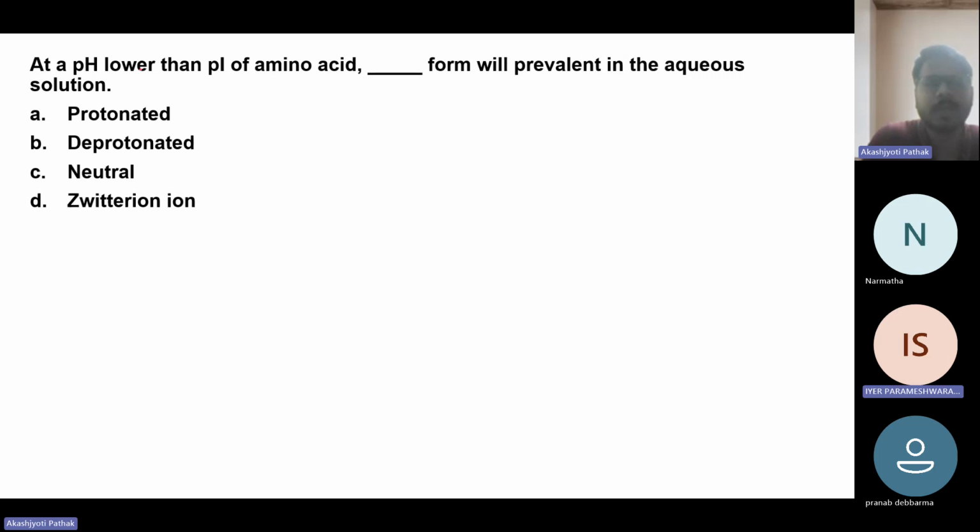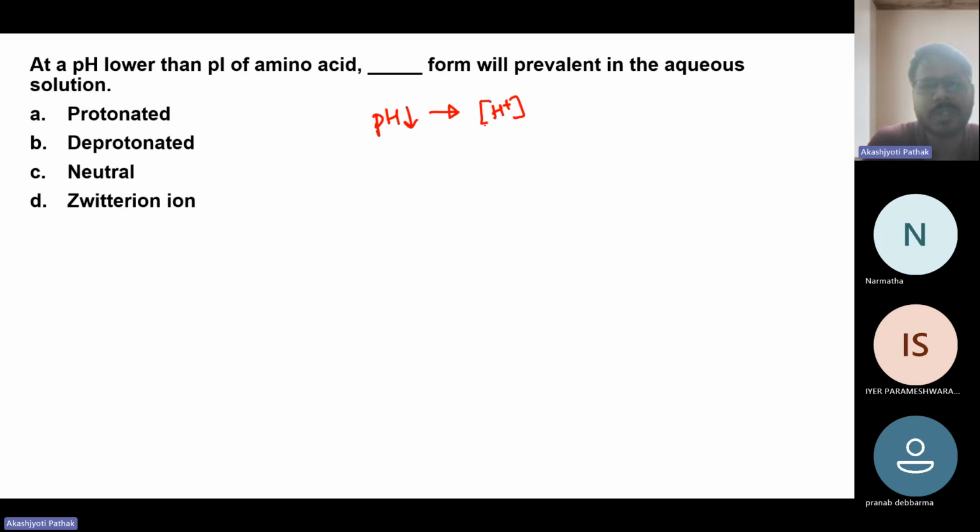So why? At low pH, what does that mean? Low pH means that the proton concentration is very high in the solution.